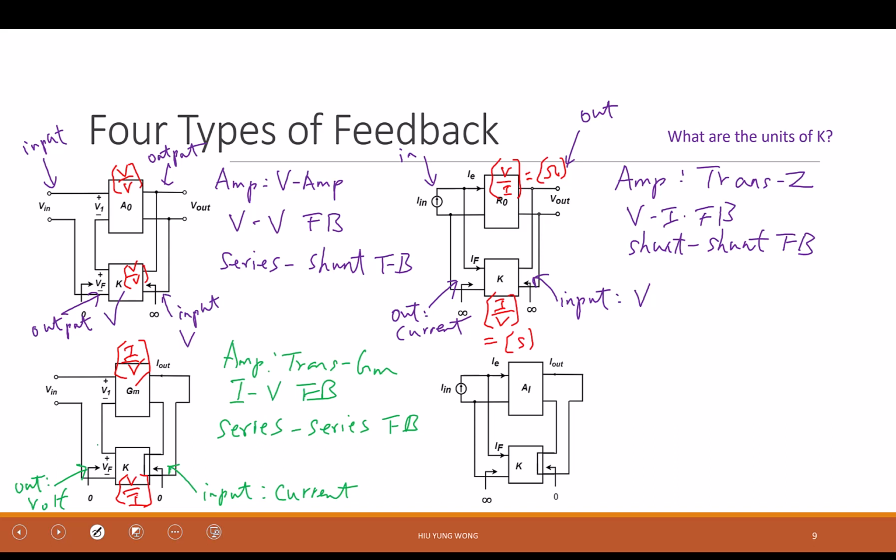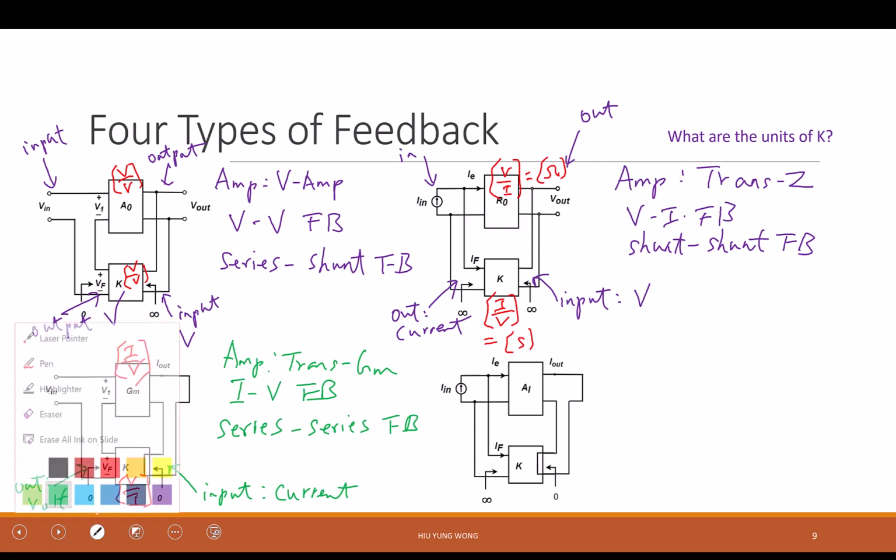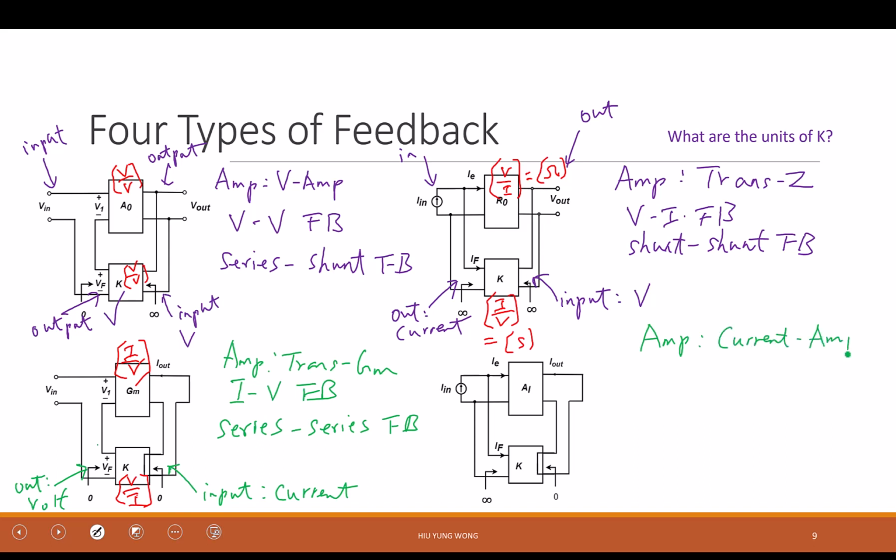Okay, so what type of amplifier is this? Current amplifier. So what is the unit of AI? Unitless, because it's current divided by current. And how about the feedback?